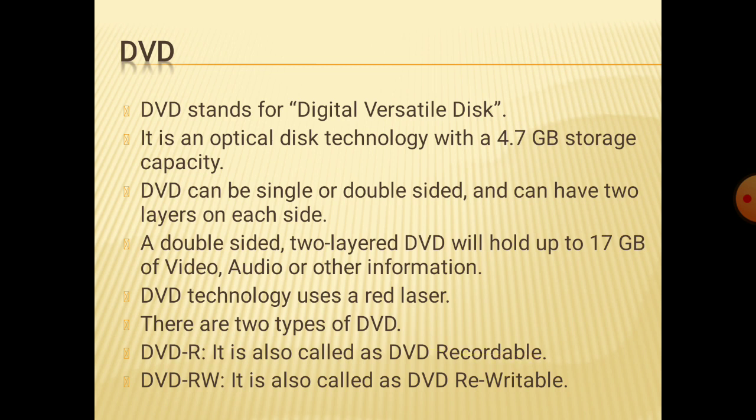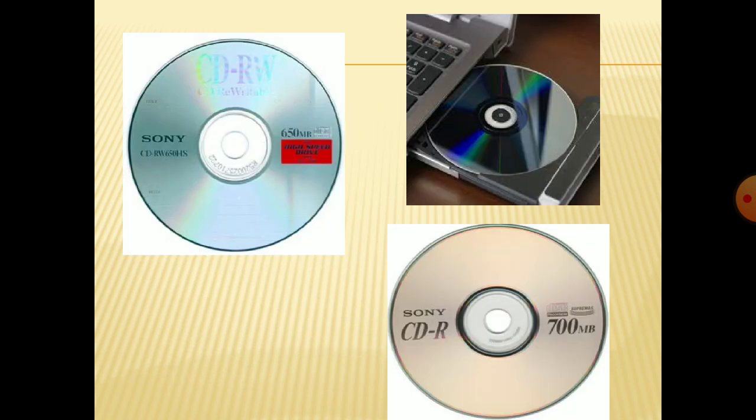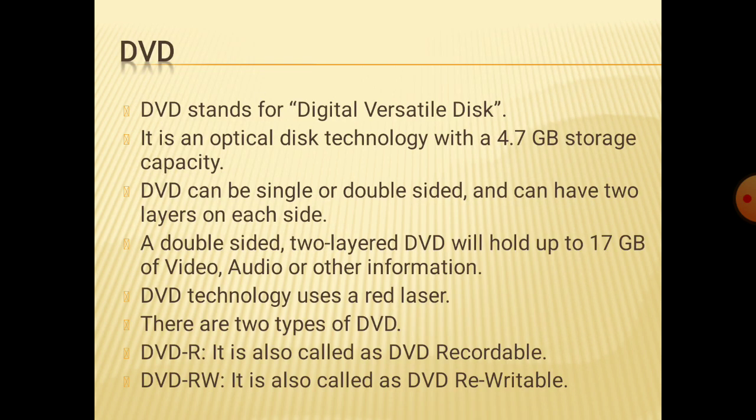Rewritable means many read operations and many write operations are possible, that is your DVD-RW. These are all DVDs. They look the same as your CD. On your CD, CD is written, and on your DVD, DVD is written. Only that much difference is there, and the capacity is different. The capacity of DVD is more if you compare it with CDs.